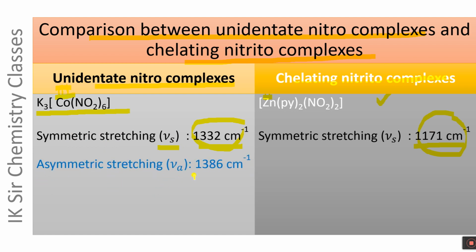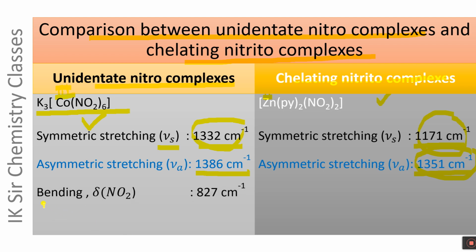Asymmetric stretching band is obtained at 1386 centimeter inverse in nitro complex, while in chelating nitrito complex it again shifts to lower wave number region. It is lower than 1386 centimeter inverse.